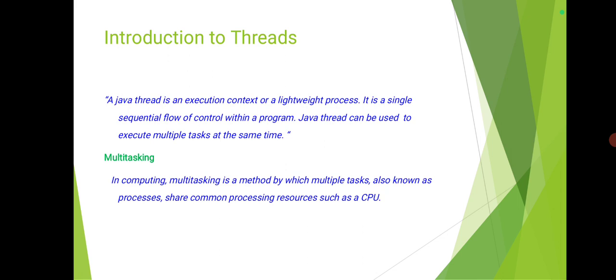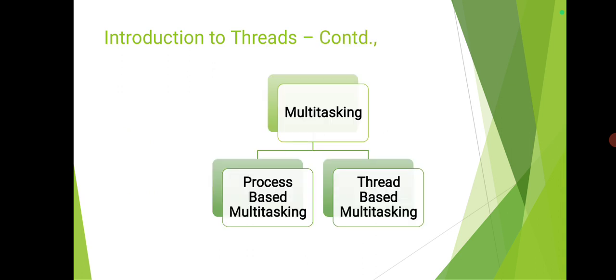Whereas multitasking is a method by which multiple tasks, also known as processes, share a common processing resource such as the CPU. For example, for printing a document, we can access both the Word document and also the printer.